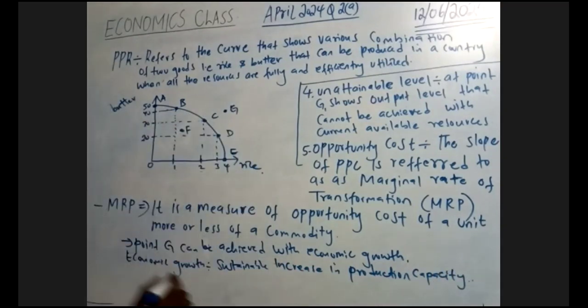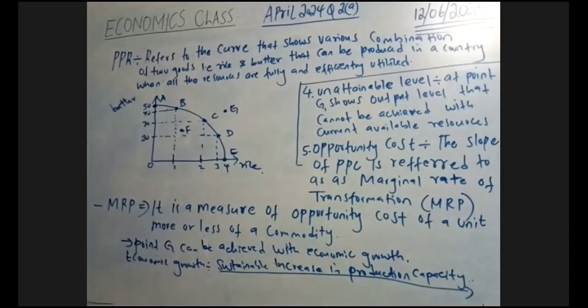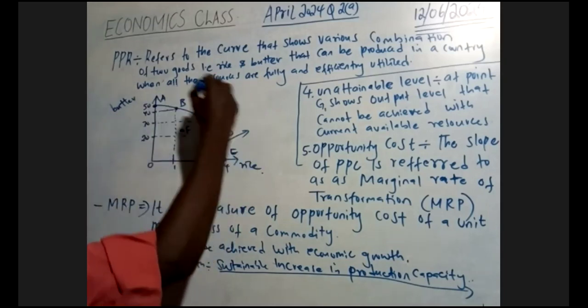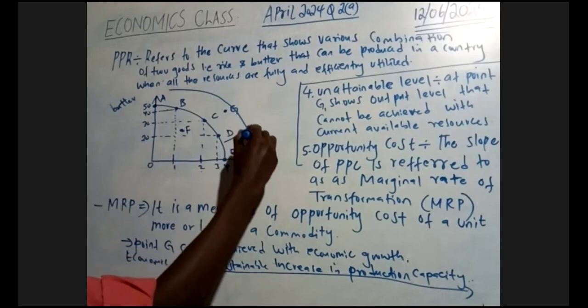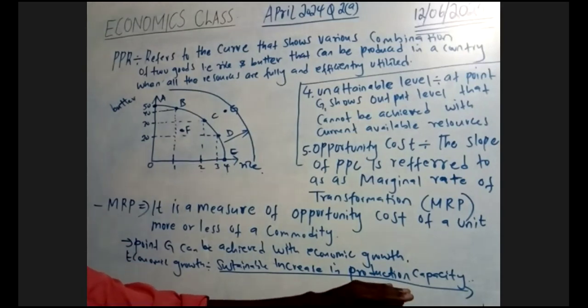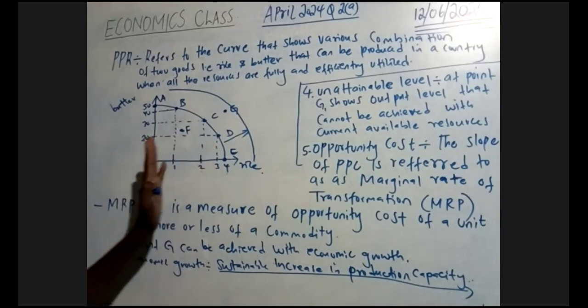Now, when we have economic growth, a sustainable increase in production, then our PPC will shift. When we have economic growth in a country, our capacity also increases, and our production frontier curve will shift to the right.